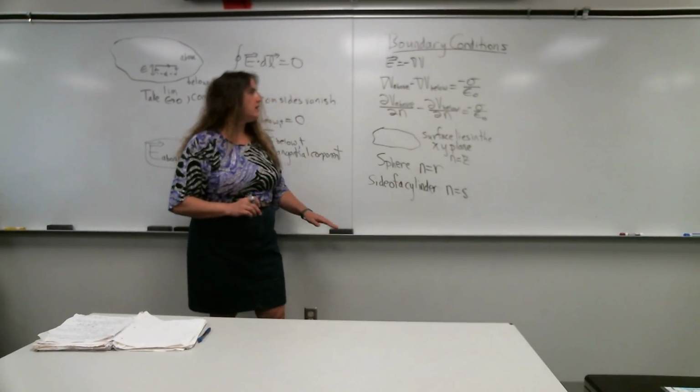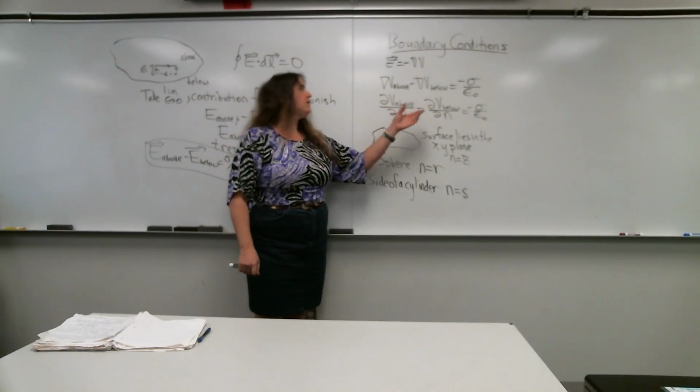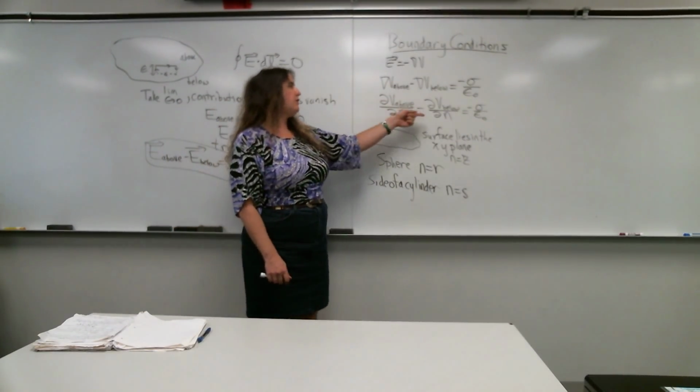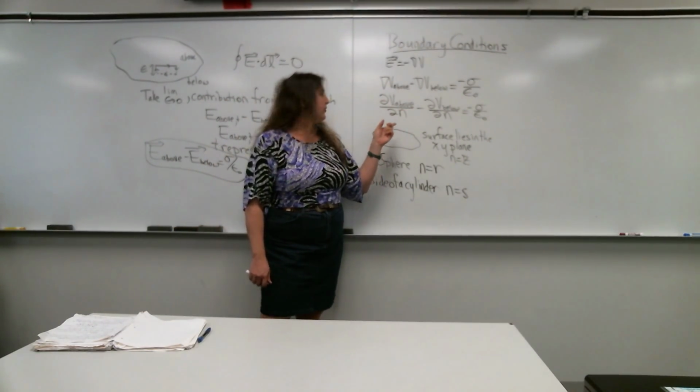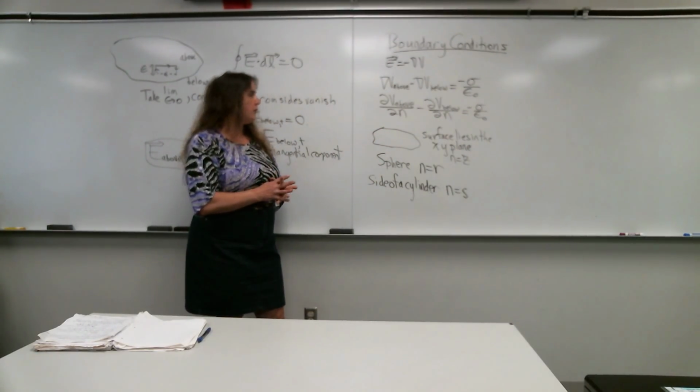In that case, n is equal to s. So because of the relation between the potential and the electric field, there's also potentially going to be a discontinuity in the gradient of the potential.